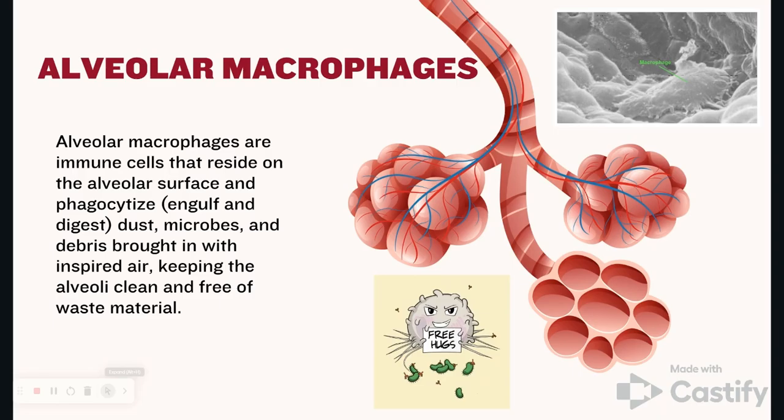They're immune cells that reside on the alveolar surface and phagocytize, engulf and digest dust, microbes, and debris brought in with inspired air, keeping the alveoli clean and free of waste material. You don't want the place where you make gas exchange to be dirty. You want it to be clean. So the alveolar macrophages aid in making sure that it stays clean and functional and healthy enough for the air that comes in. So whenever we're doing gas exchange, everything is A-okay.